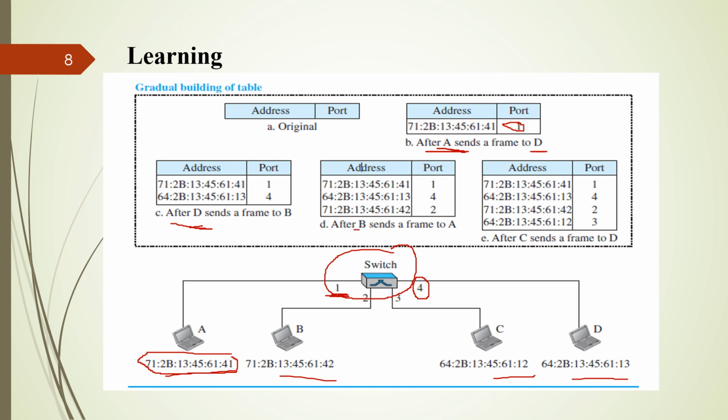Similarly, the MAC address and port number of station B and station C are updated in the switching table. So in this way, a switch learns whenever there is a frame movement and updates the switching table automatically.